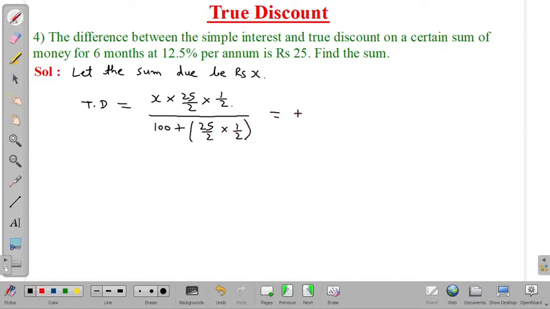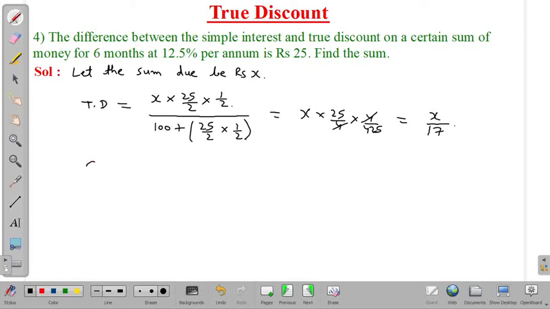Okay, and we will get this as, see, 25 by 4 plus 100, so it will be 425. So x into 25 by 4 into 4 by 425. Okay, and this will be equal to x by 17. So this is our true discount.